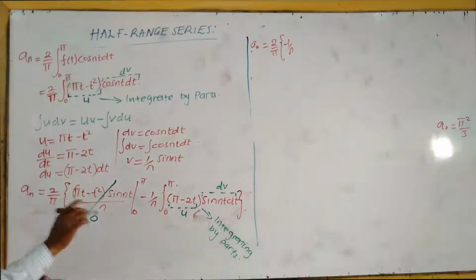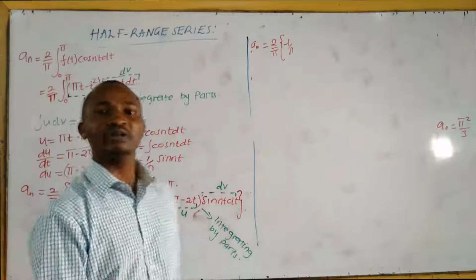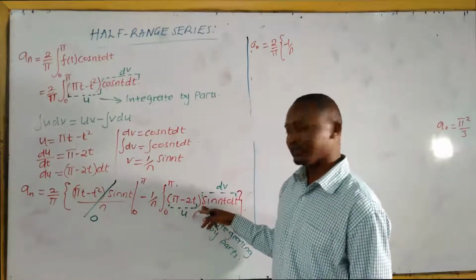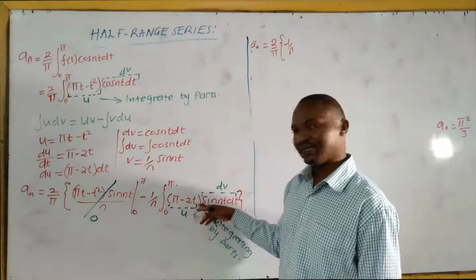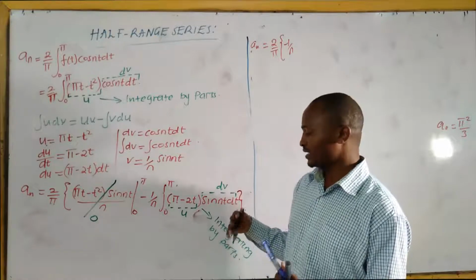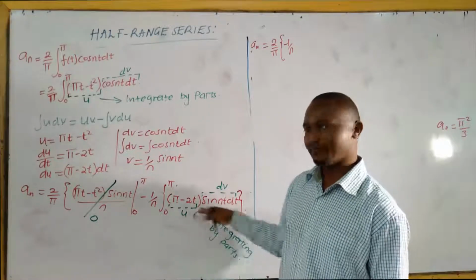If it was always sin nt alone, we could have integrated directly. But now it is accompanied by pi minus 2t. So there is this part of the integral and this part of the integral. When they are being multiplied, you have to apply integration by parts, because we have already learned why we should apply it.